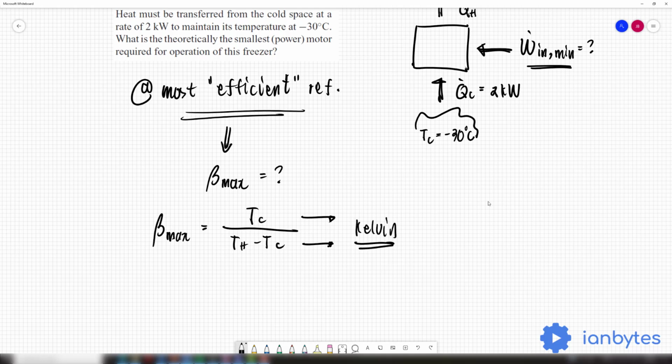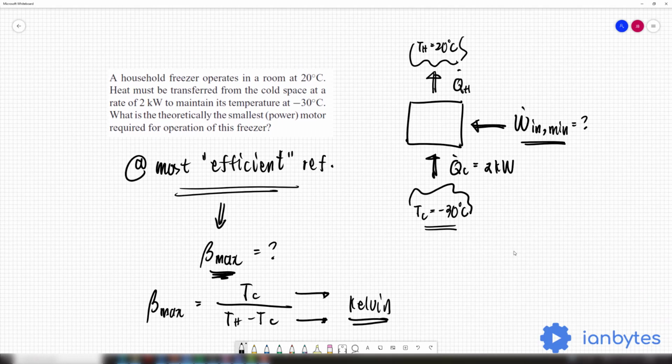So ang pwede natin gawin dito ay isolve natin si beta max dahil we can actually obtain that because of the fact that the temperatures Tc and Th are already given over here. And in our formula, since sinabi natin kailangan sila ay naka-Kelvin temperature, we have to convert these temperatures first. Let us do so.